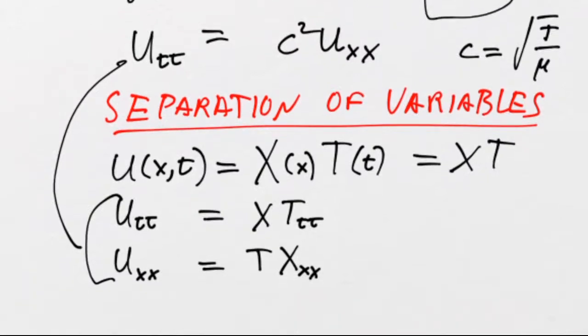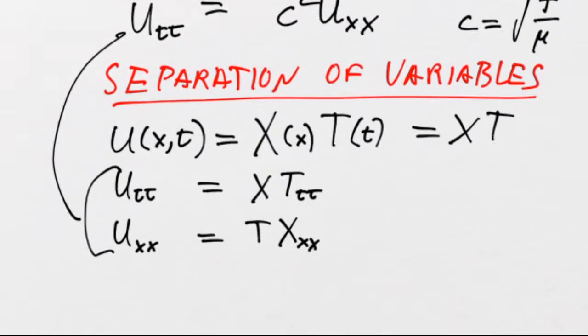And what we'll get is X T double prime equals c squared T X double prime. Let me clean up those x's.